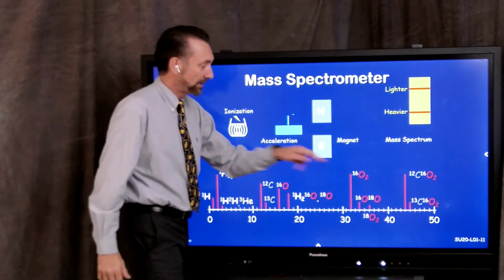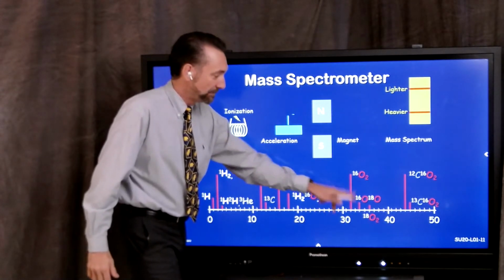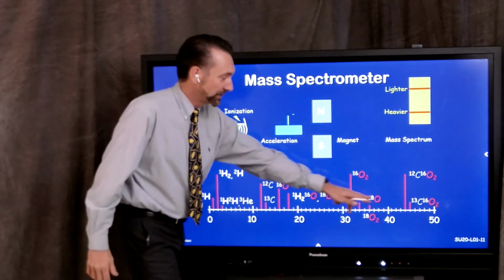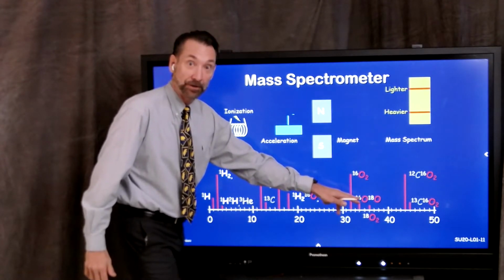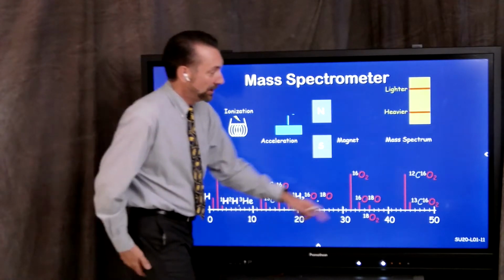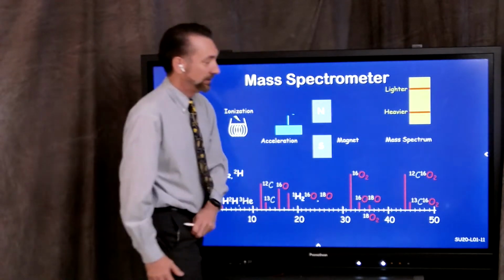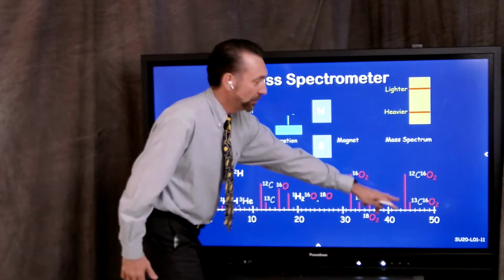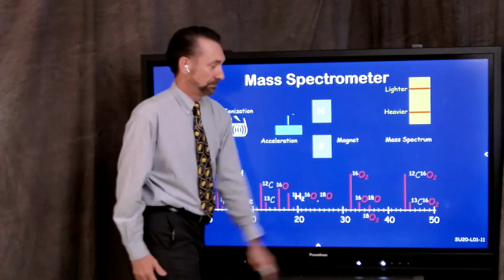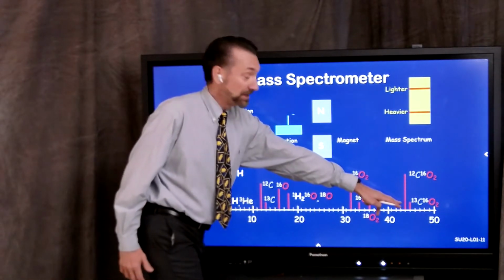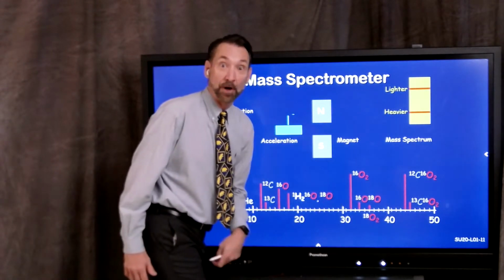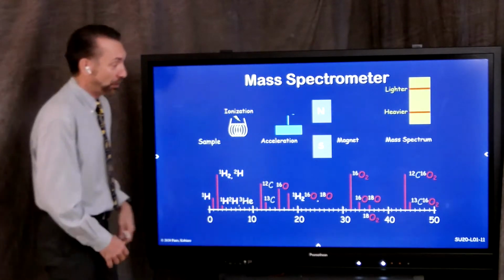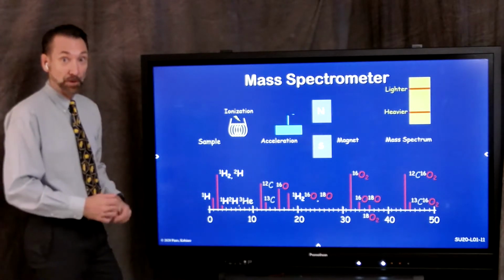So a lot of O16 and maybe O18, maybe less than 1/4 as many particles in that ratio. Here we have carbon 12 to carbon 13. We know now that ratio, if it were naturally abundant, would be 1 to 100. So this peak would be quite a bit smaller here. So isotopic ratios are going to show up.